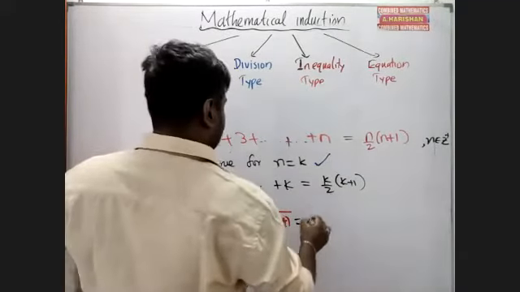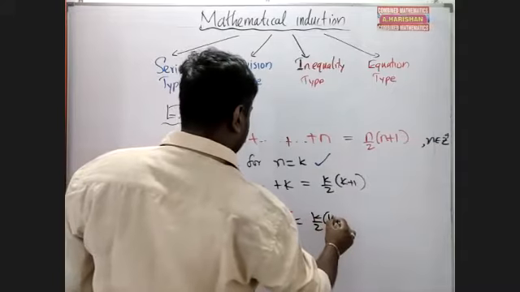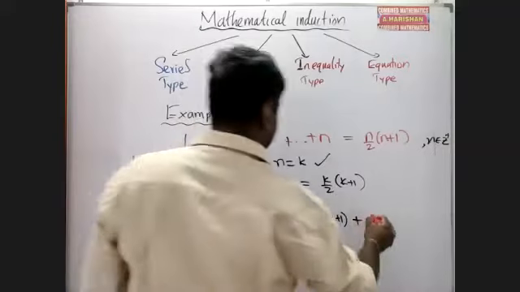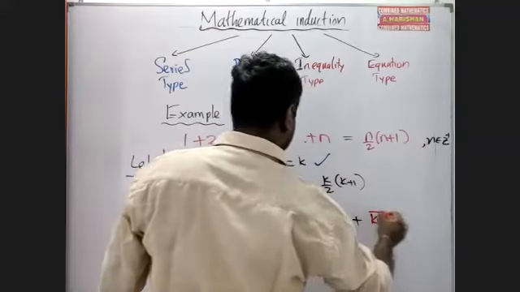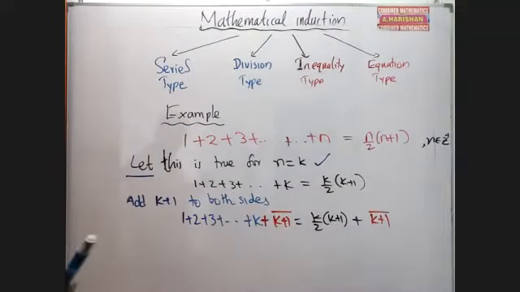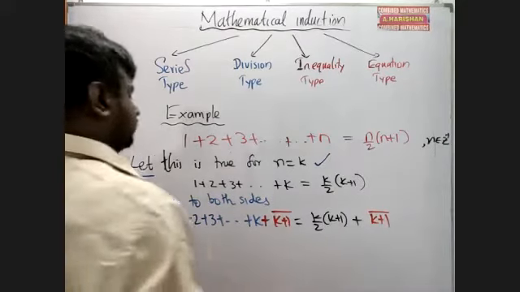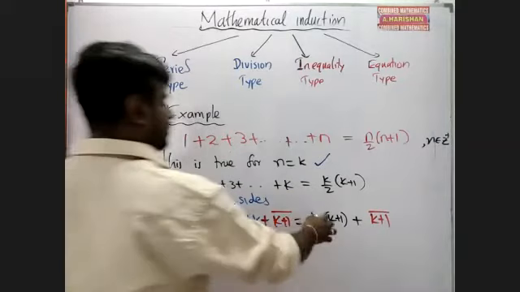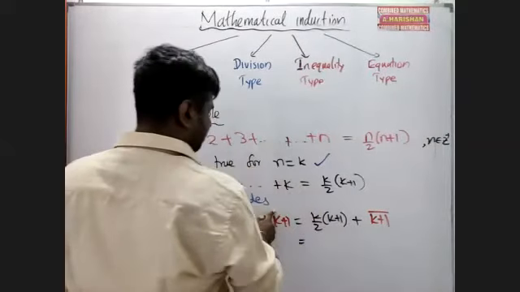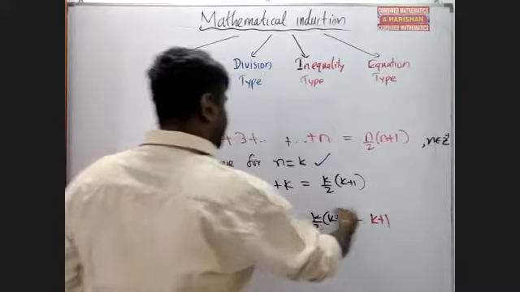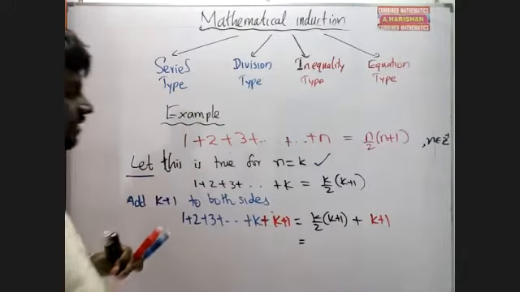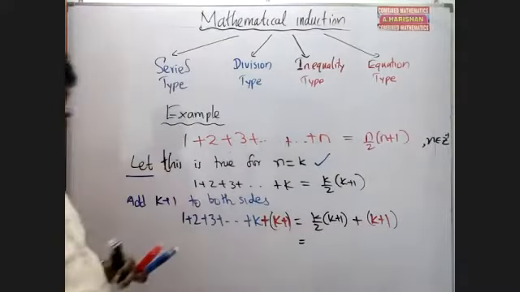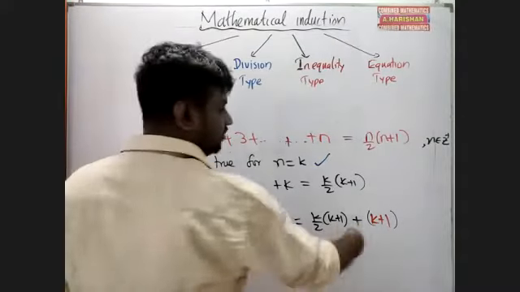So here I'm having k by 2 into k plus 1, plus I'm writing this k plus 1. So what I can do is take the k plus 1 as common. If you don't like, just write k plus 1. If you want to put a bracket, just put it, no problem. Now you have to simplify this.